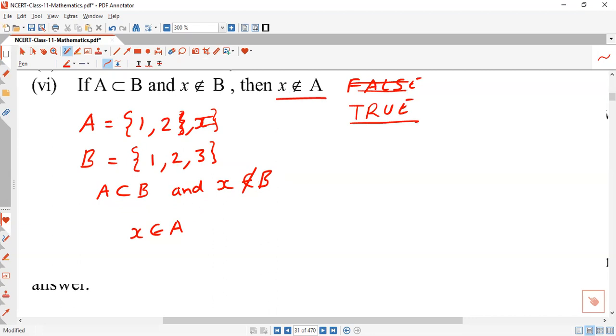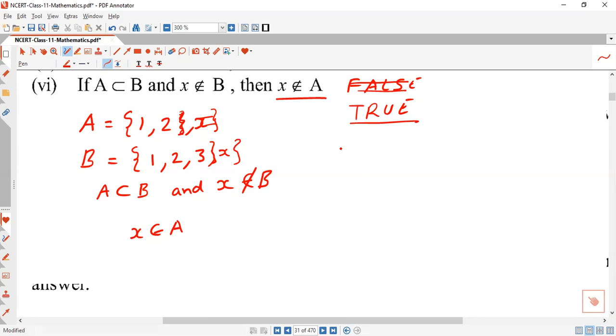If X does not belong to B, then X also does not belong to A, because all the elements of A are also in B. So this statement seems to be true, because X must be an element here to make A a subset of B. So if an element does not belong to B, that element does not belong to A.